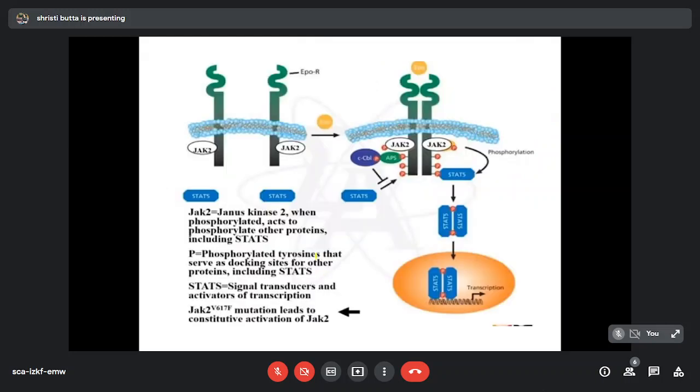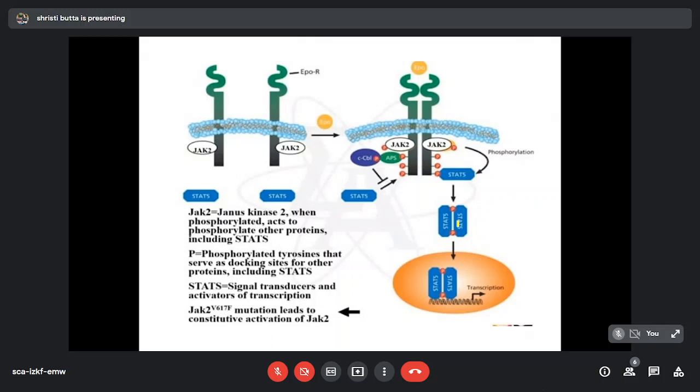What happens then? It is important to note that when JAK2 binds to STAT, the JAK-STAT pathway is activated, and that allows for increased nuclear transcription and subsequently an increase in the proliferation of the cells. If this pathway is constitutively activated, it allows for increased proliferation of either the granulocytic lineage, the erythrocytic lineage, or the megakaryocytic lineage.